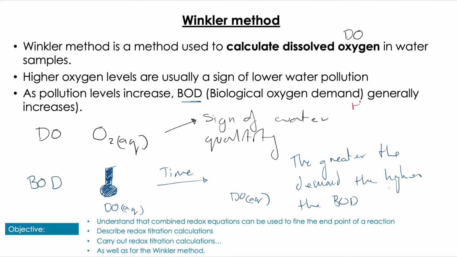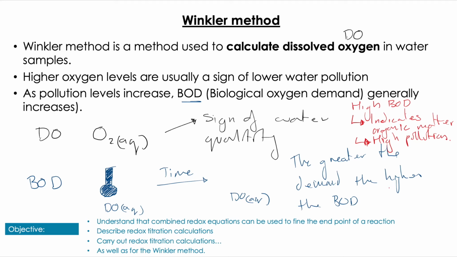And the more organic matter is in a water system, the more polluted the water system. So we have dissolved oxygen, which is the amount of oxygen, and we have the biological oxygen demand, which is the amount of oxygen that the water requires to fuel these processes.